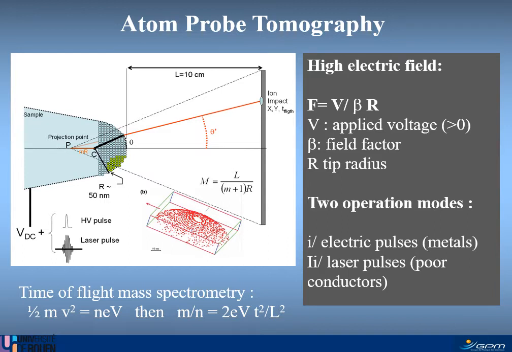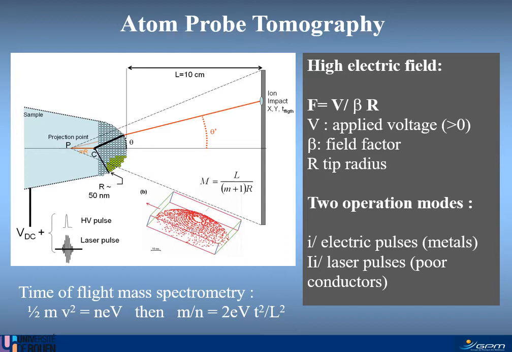Okay, but in both cases you haven't got only one pulse, of course, but let's say 100,000 pulses per second. So the repetition rate is 100 kilohertz. And for each pulse you measure the time of flight. In fact, for each pulse you evaporate a very small amount of atoms.